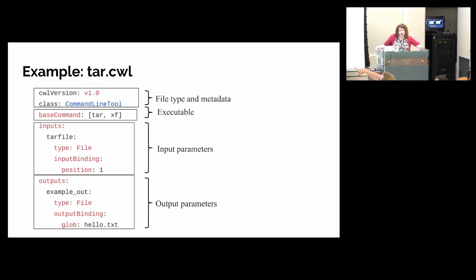Yep. In the base command, you've got xf, and I guess that's the command to extract tar, right? Yep. So you could also put that under inputs. Can you walk through how you think about that? So typically I think of inputs as something that has a parameter value with it.